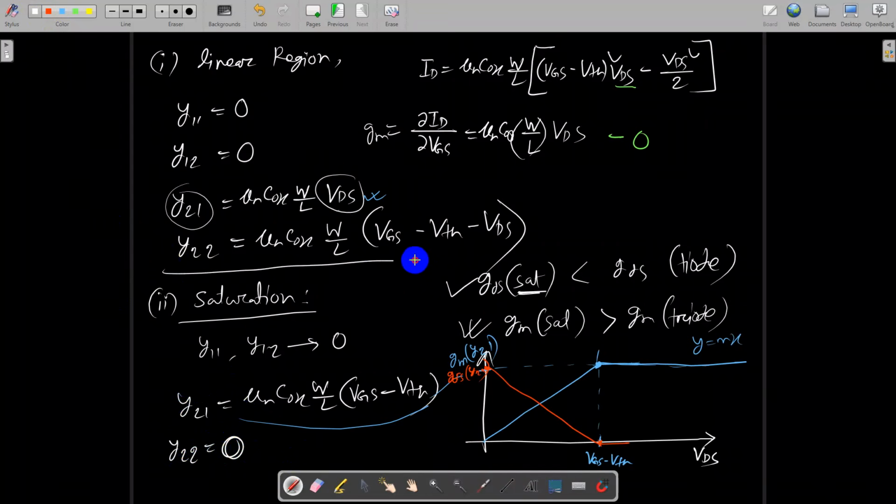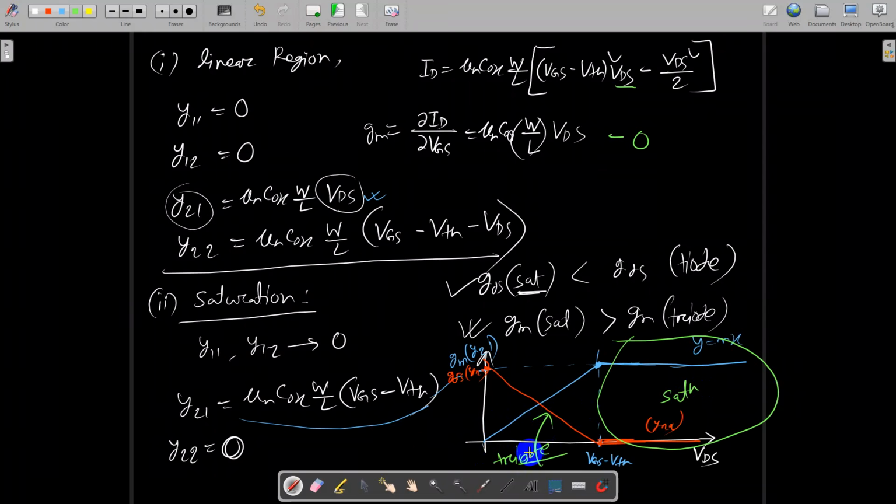But here we have Y22 as VGS minus VTH minus VDS, so this is like y equals mx plus c, where m is negative, a negative slope. This is your Y22. So actually we want this region: this is saturation, and this region is triode, or your linear region.